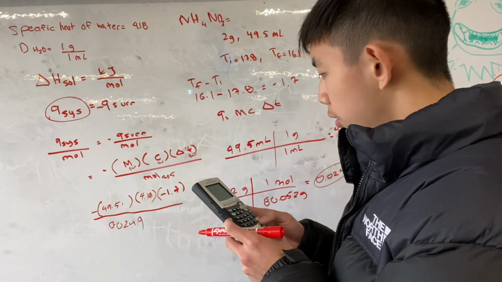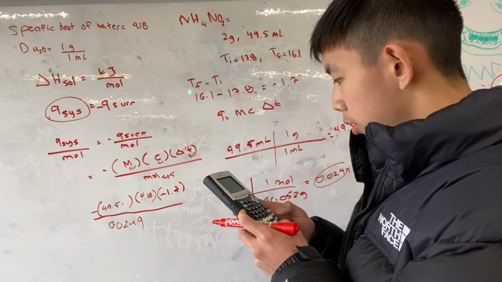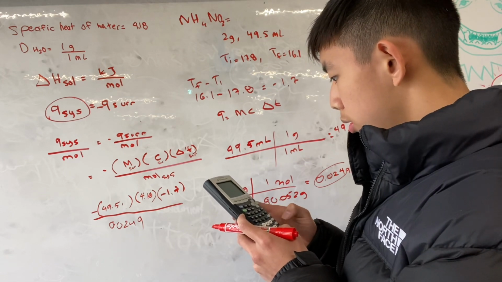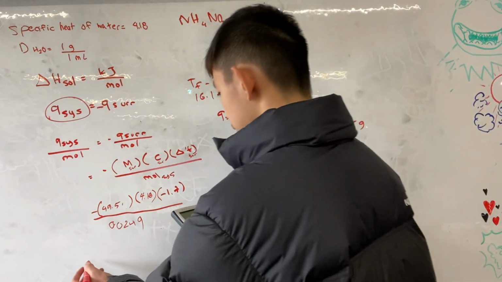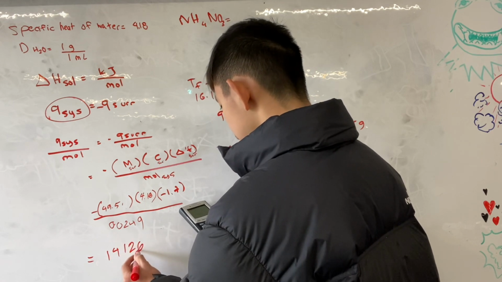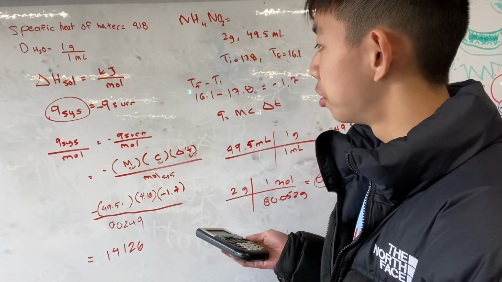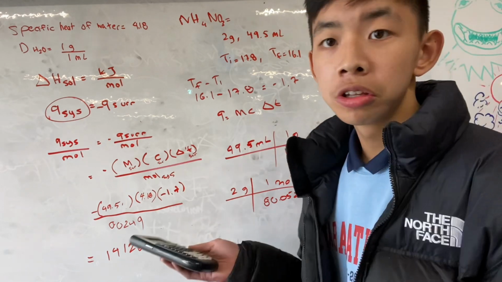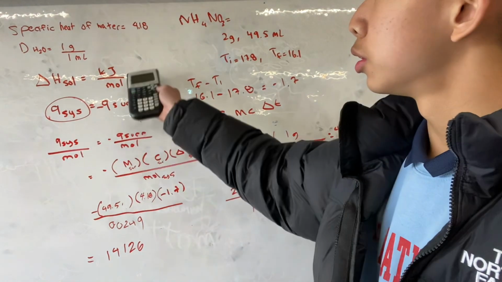49.5 times 4.18 times negative 1.7, divided by 0.0249. This would be 14,126. But you're not done, because this isn't joules. You want kilojoules.